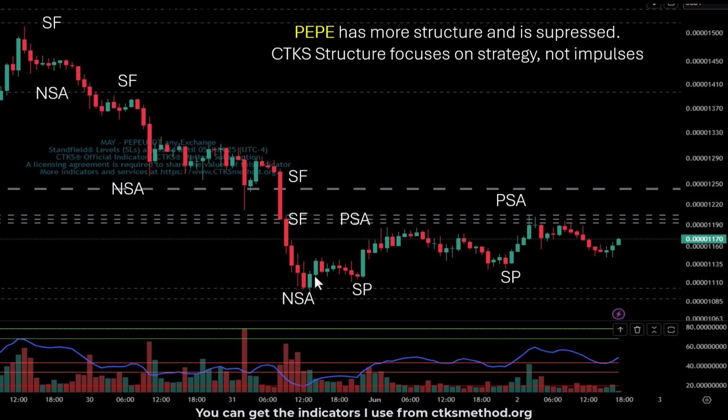Now, the really interesting thing to note is all of this structural overhead resistance just created a nightmare for Pepe to get through. And we would anticipate this, but if you only saw Bitcoin, you only saw total, you would expect Pepe to just romp up here and do incredibly well. But not so, because of structure.